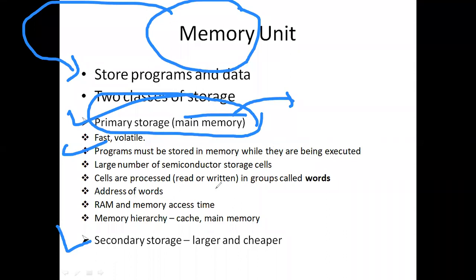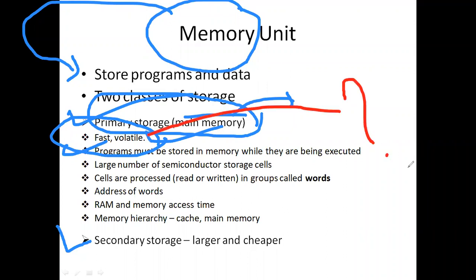And the characteristic of the primary storage is that it is very fast, no doubt, and it is volatile also. Now, can you tell me what is meant by the term volatile? Sir, unstable. Okay, good word.